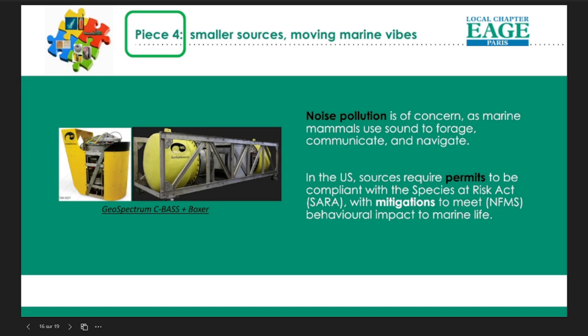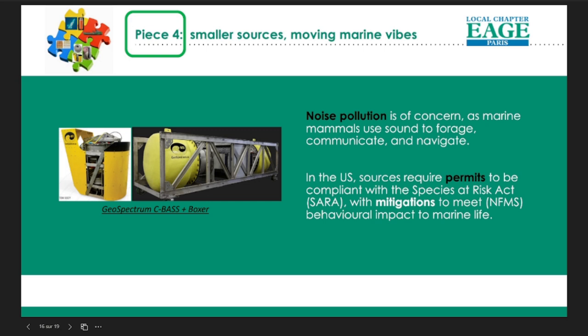So, again, for emissions, we talked about carbon emissions from how many vessels, how big the vessels are, how efficient they are, how long you're using them. But there's also sound emissions, right? So from our source, we have to do quite a lot of work on our permitting for that, and it's for good reason. And we're looking at the mitigations of these sources in the permits as well.